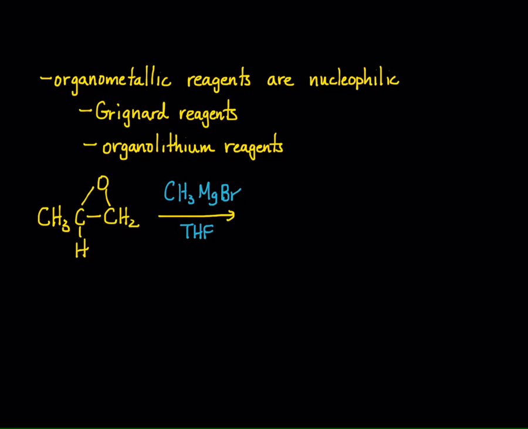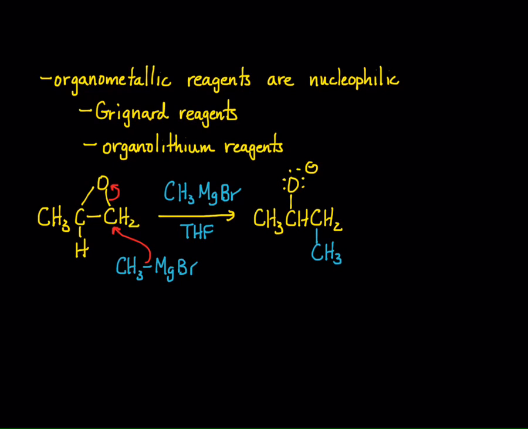They're good bases. So what's going to happen when my Grignard, methyl magnesium bromide, reacts with the epoxide? Where is it going to attack? It's going to attack the least substituted carbon and undergo an SN2 reaction. So it attacks here, opens up the ring, and you form an alkoxide, right?